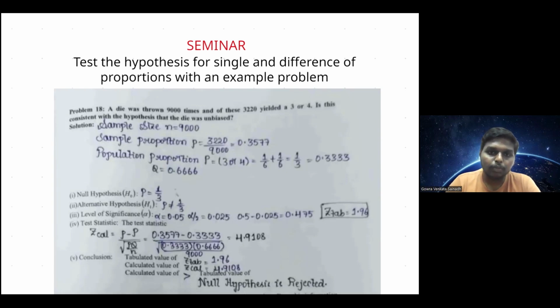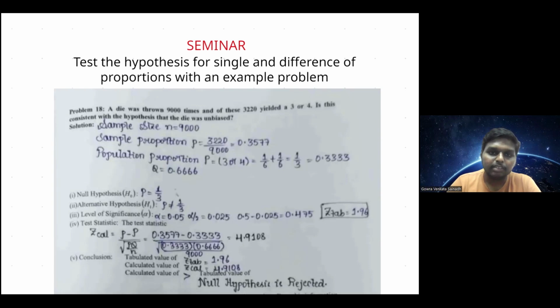So P equal to 1 by 3. And alternate hypothesis, that is P not equal to 1 by 3. Here, if you observe, population proportion is 0.333 and sample proportion is 0.3577. So both are not equal. So in alternate, it is given P not equal to 1 by 3.